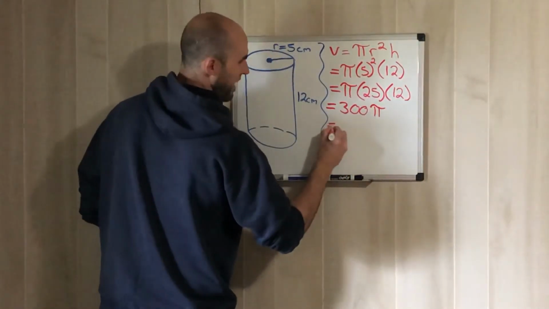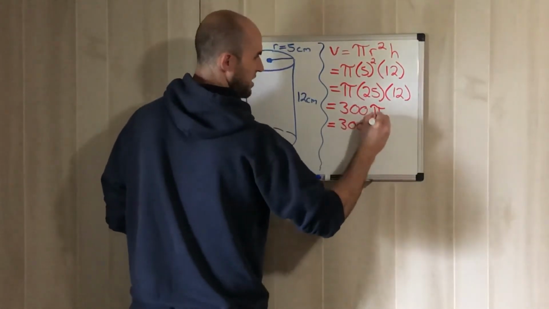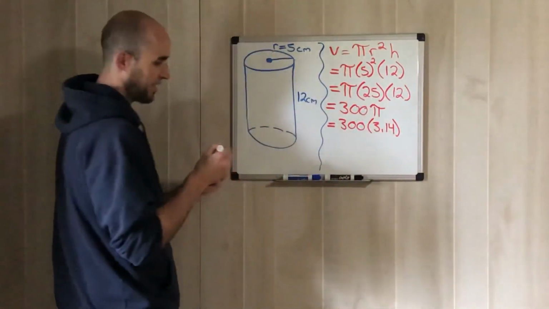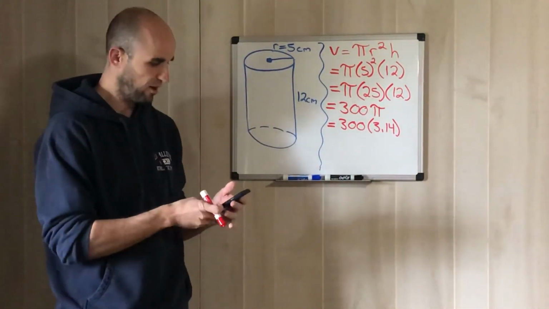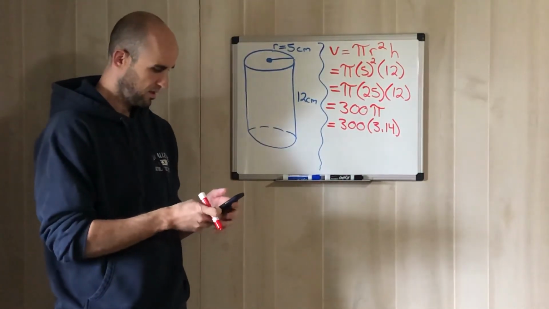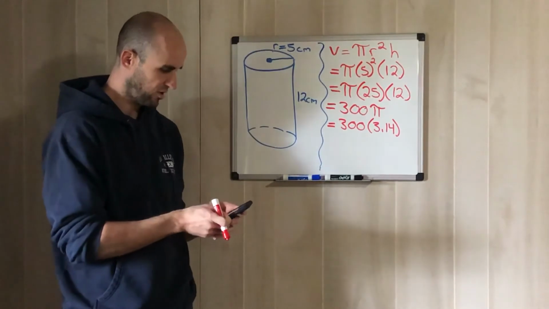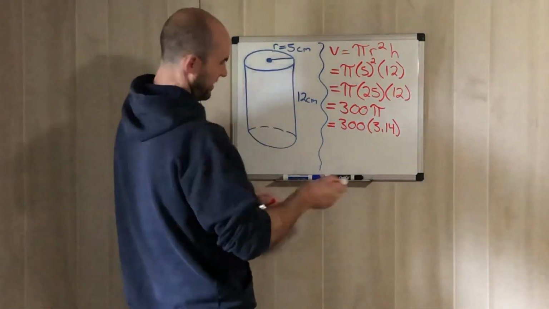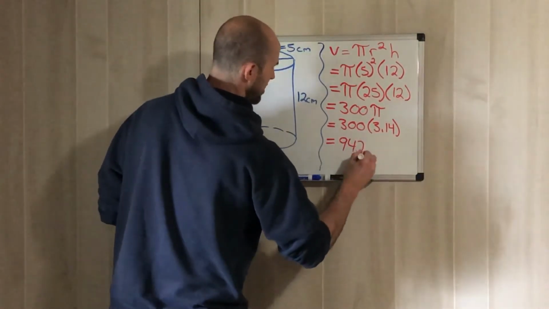And now, once we have that, we can rewrite it to make it easier. 300 times 3.14. And now the last step we just have to do is multiply those two numbers. So 300 times 3.14 would come out to exactly 942.